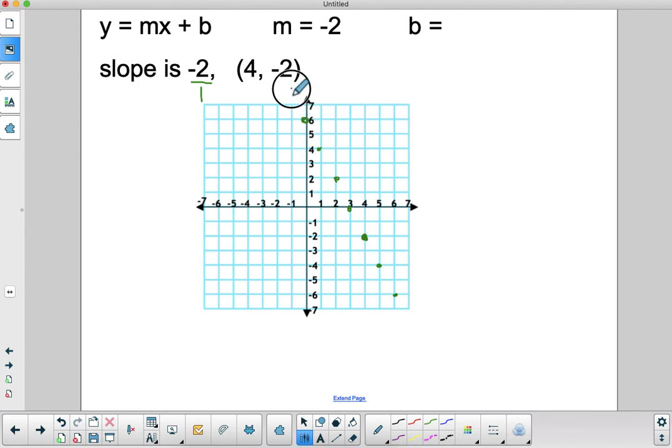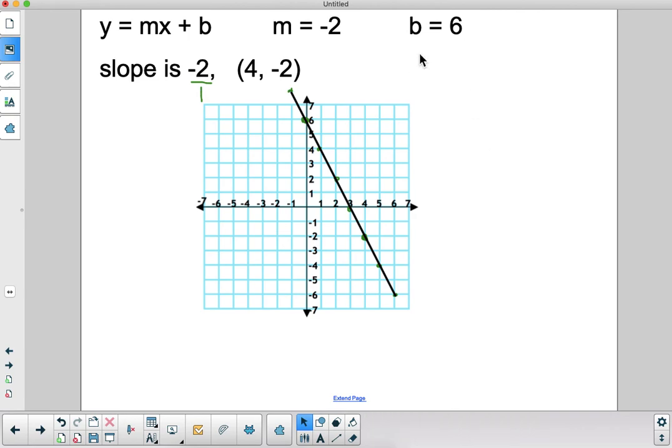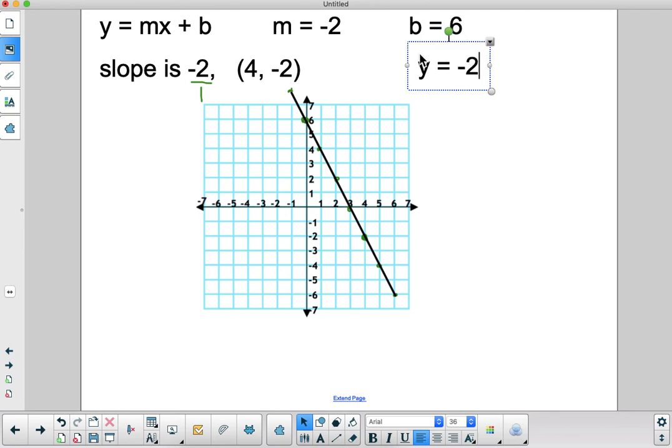All right, we could go off the graph here to show that we have another point, but it's really not necessary since we now have our full graph made. We take that value that we get right here, the y-intercept, and that's our b. So we have b equals 6. From this point, we write the equation. Instead of m, I put -2. x still goes there.